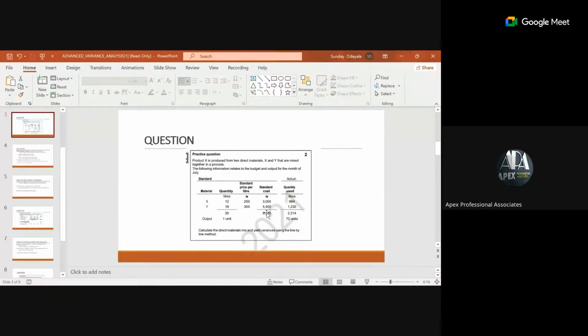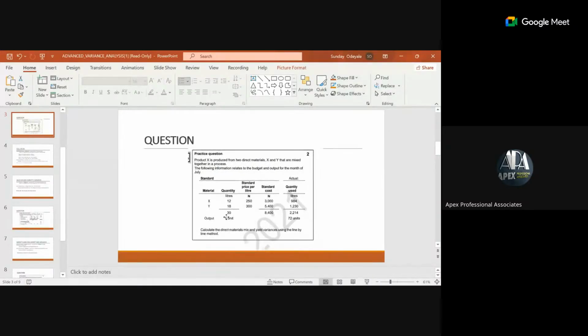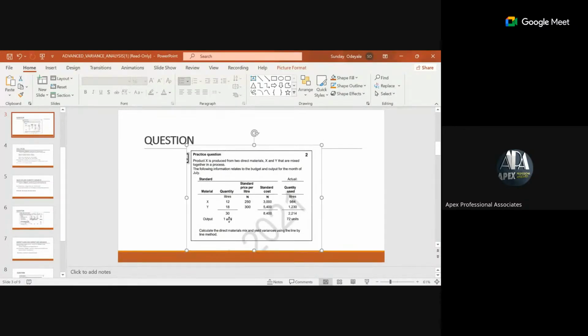Okay. So what I was saying is, not all questions will give you a standard output of 1. So everything we did here was easy, because they just gave us 1 unit here. Assuming you don't have 1 here, let's say you have 10. That means this standard cost card must have been for the production of 10 units.